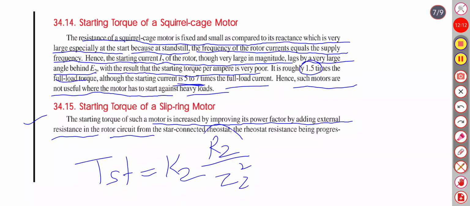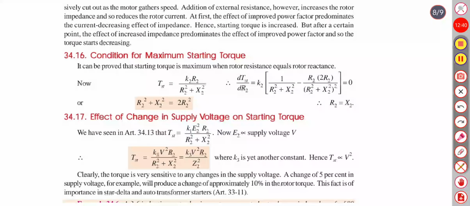So if we are increasing the rotor resistance, the starting torque will increase. So for the starting, we have to improve its power factor by adding external resistance in the rotor circuit. The star connected rheostat, or the rheostat resistance, is progressively cut out as the motor gathers speed.